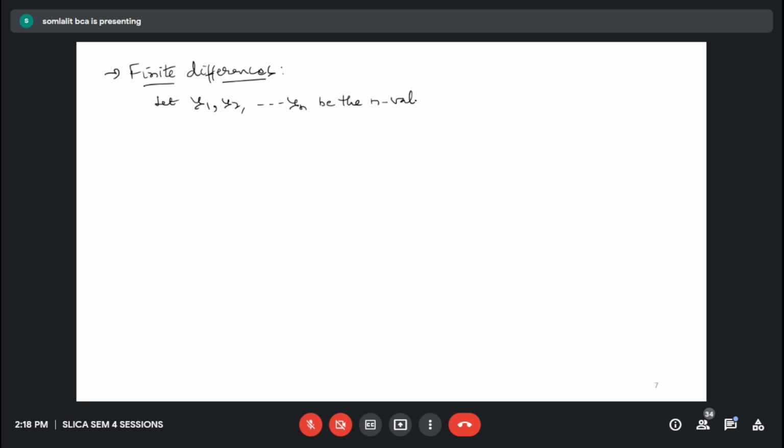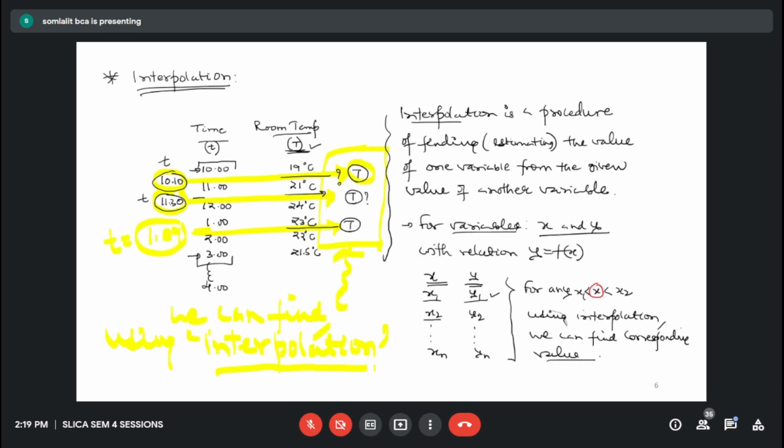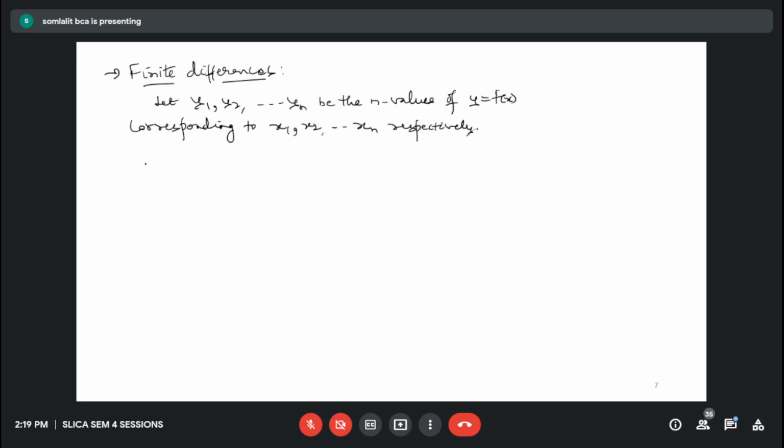So you have the tabular data, as I've shown here. For x1, the corresponding value is y1; for x2, it is y2; and for xn, it is yn. Every time in interpolation, you require such a data set. The first we write here is forward differences. So let's write forward differences.